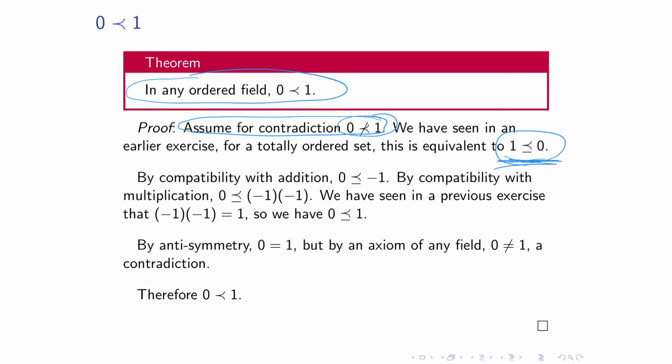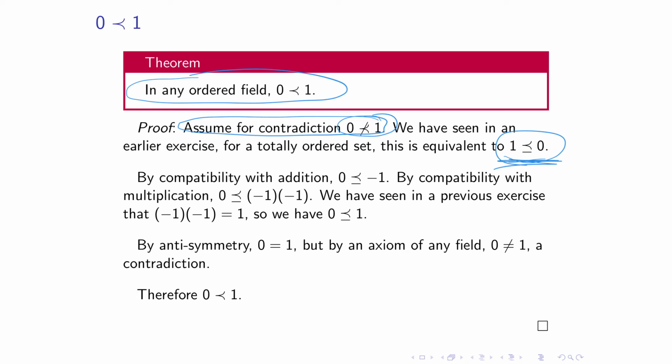There's compatibility with addition and there's compatibility with multiplication, and you wouldn't think that you could arrive at a contradiction using only compatibility with addition. So you might have the instinct that compatibility with multiplication has to be useful.